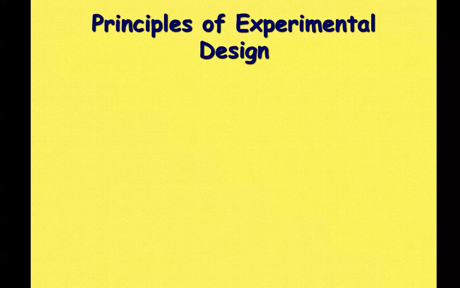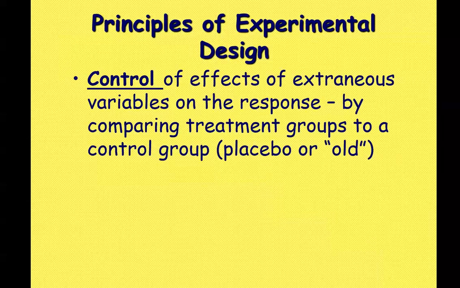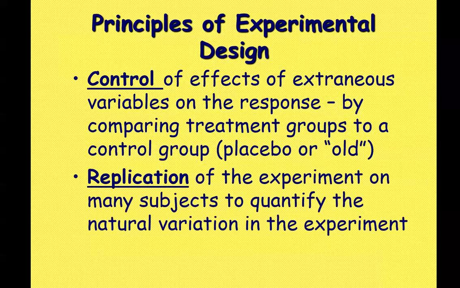Okay, so in general here, as we've talked, hopefully you've gotten this idea that a good experiment needs to have a couple of principles. It needs to have something called controls. Those are things put in place to minimize the effects of extraneous variables on the response. Things, in other words, that try to make sure we're only measuring one particular thing. Replication is another requirement.